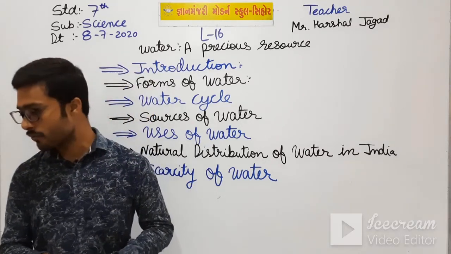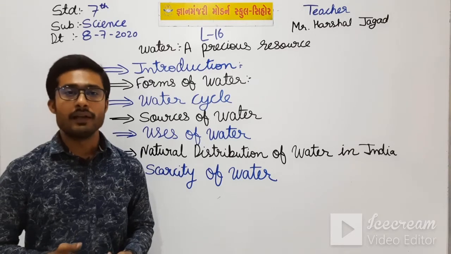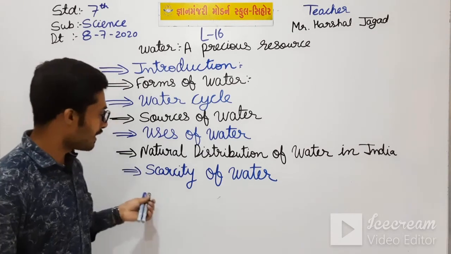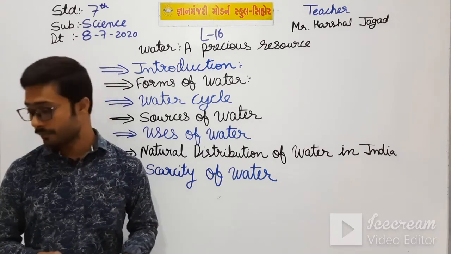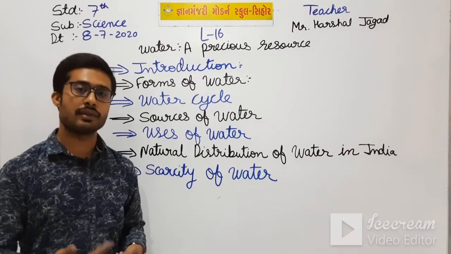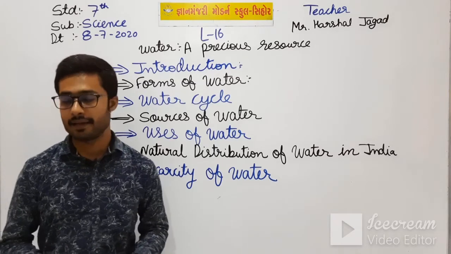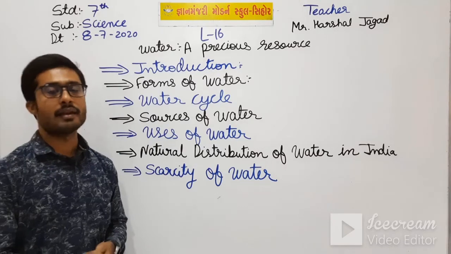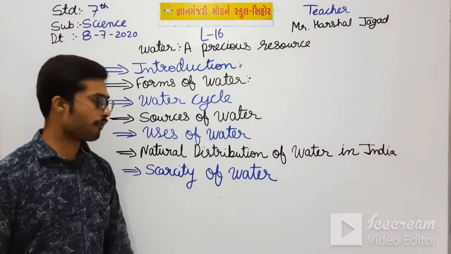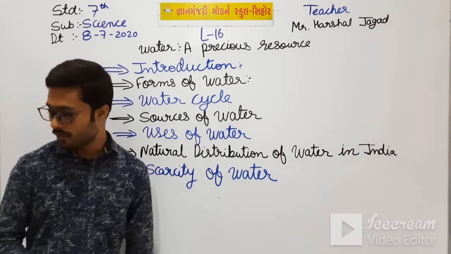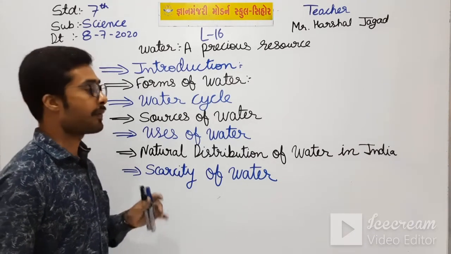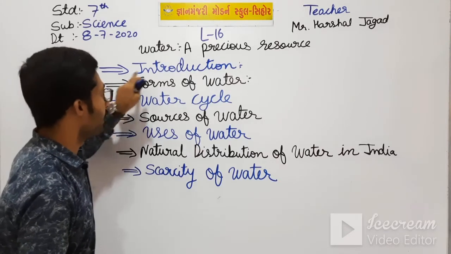Next was deforestation; due to deforestation also there are water crises. The next point was agriculture activities, due to which the scarcity of water also increases. And the last point was human interference: we use water and waste water, due to which the scarcity of water increases.